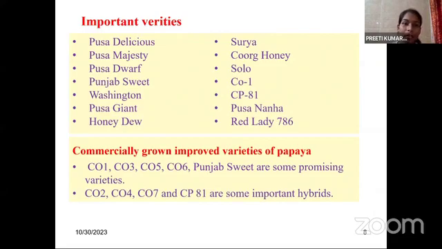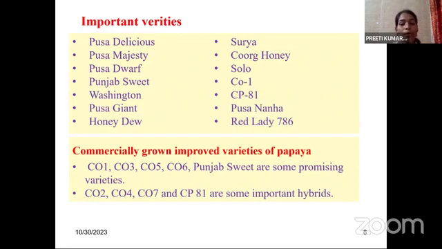Then we go to the important varieties: Surya, Solo, CO1, CP81, Pusa Nanha, Washington, Punjab Sweet, Pusa Dwarf, Pusa Delicious, and Pusa Giant. These are the important varieties that are mostly grown. The commercially grown improved varieties of papaya are CO1, CO3, CO5, CO6.